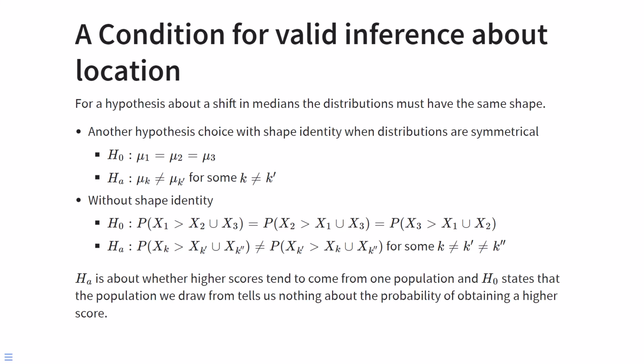The alternative is that there are some differences, that higher scores are more likely to come from one of the populations. In a nutshell, the alternative hypothesis is about whether higher scores tend to come from one population, and the null hypothesis states that the population we draw from tells us nothing about the probability of obtaining a higher score.